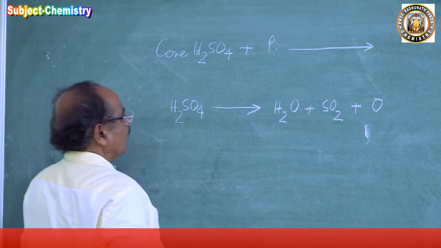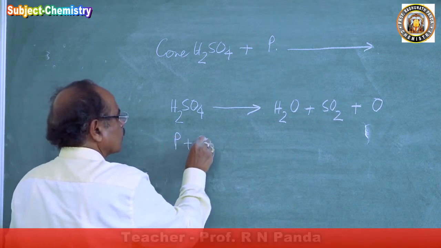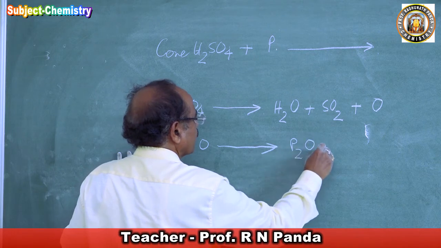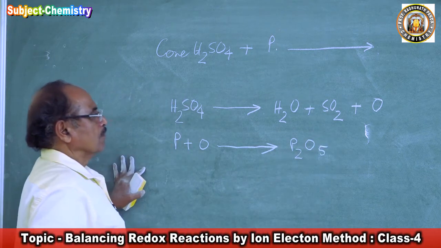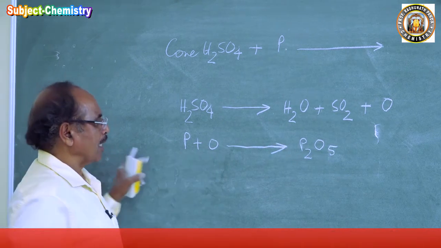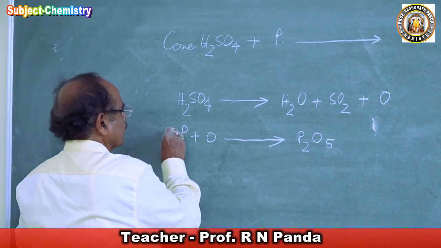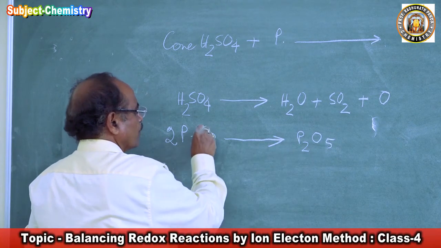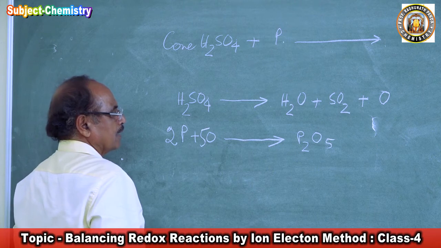Now this phosphorus reacts with O to form P2O5, phosphorus pentoxide. How many phosphorus on this side? 2 phosphorus, 2P. How many O? 5O. Phosphorus is balanced.